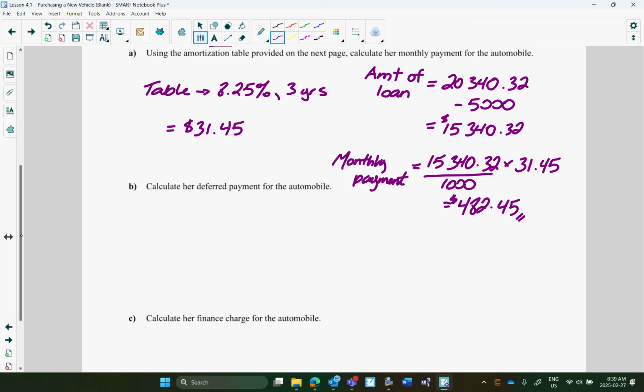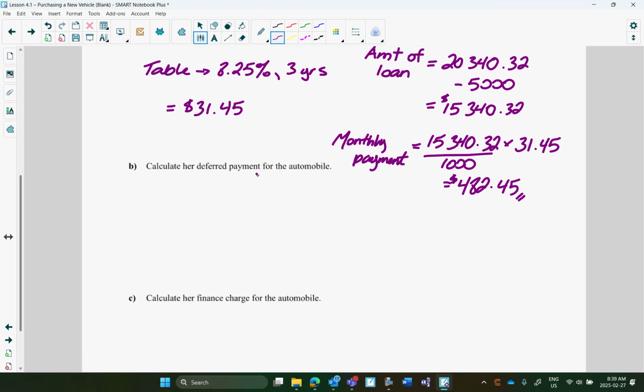Deferred payment we did talk about before. Deferred payment, and this is something that you probably want to put on your reference sheets when the time comes. It's your loan payment plus your down payment.